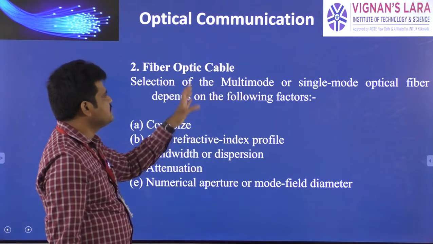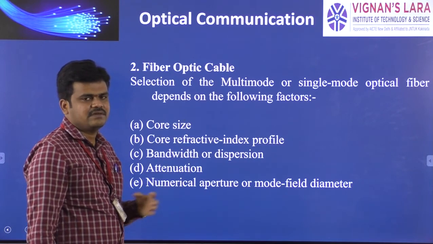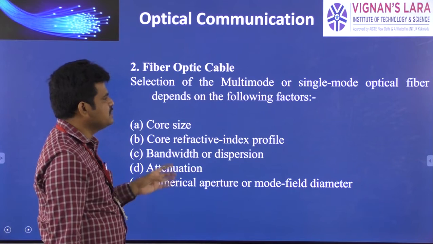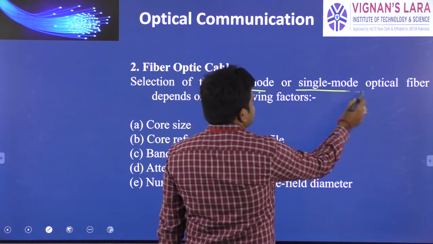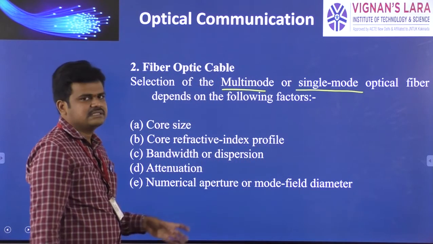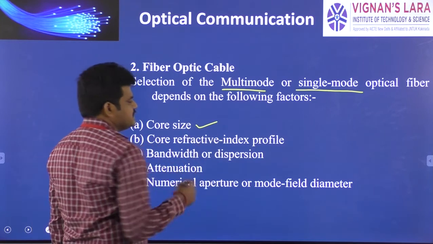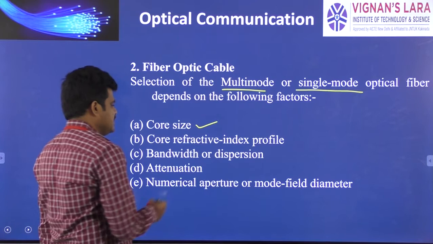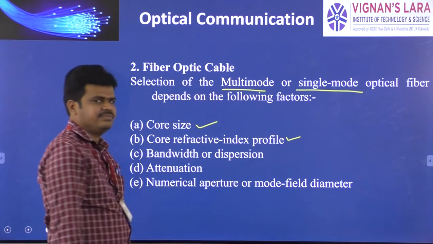The next one is the fiber optic cable. The selection of the fiber optic cable also depends upon certain factors. It may be multi-mode fiber or single mode fiber, whatever it may be. It consists of certain fiber parameters. What are those? Size of the core, that is the radius of the core. The second one is the core refractive index profile.